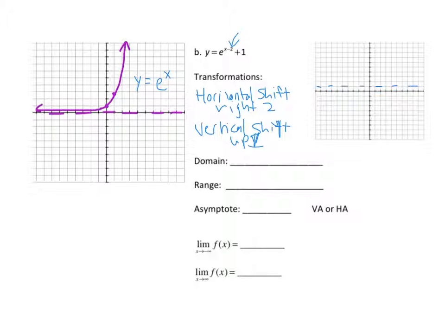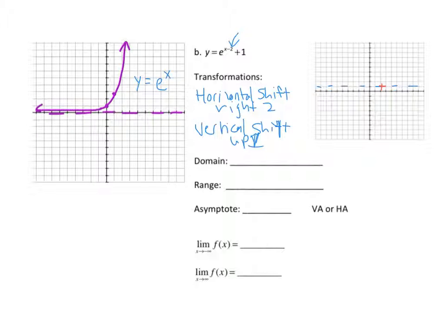So I figure out where I'm moving that starting place to be, and it's shifting right 2 and up 1. So right 2 and up 1 gives me that point right there, 2, 1, as my new origin. It's not really the origin because the origin doesn't move, but it's my new starting place for this graph.